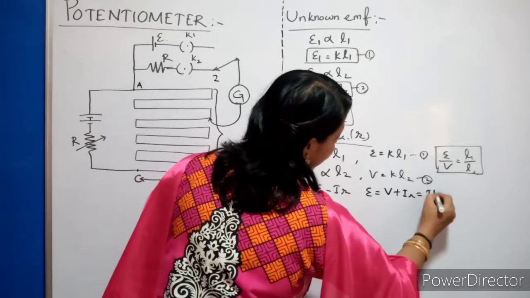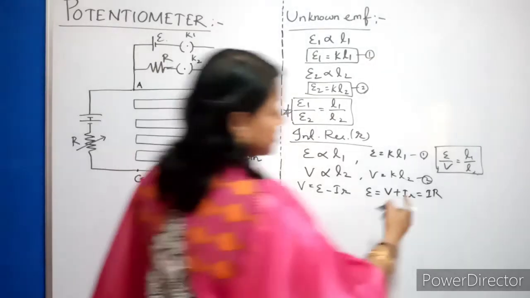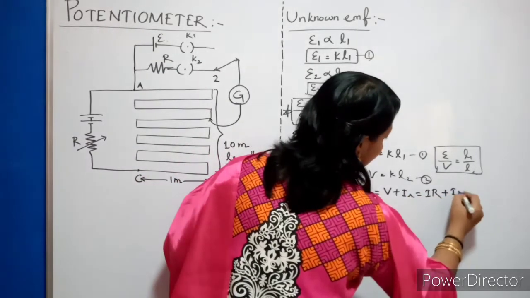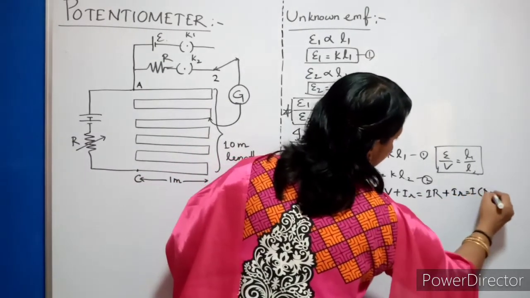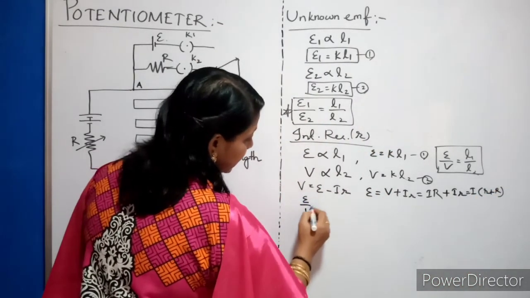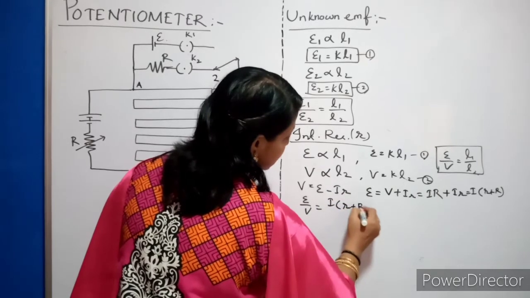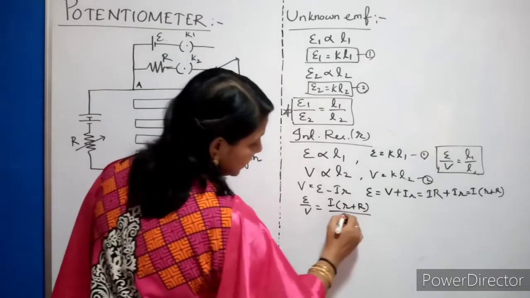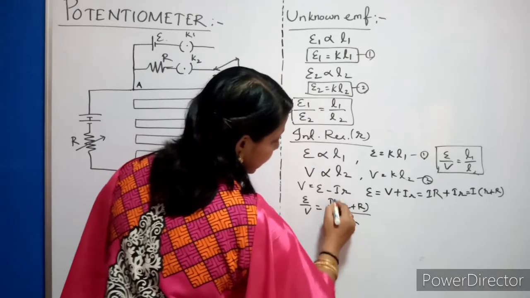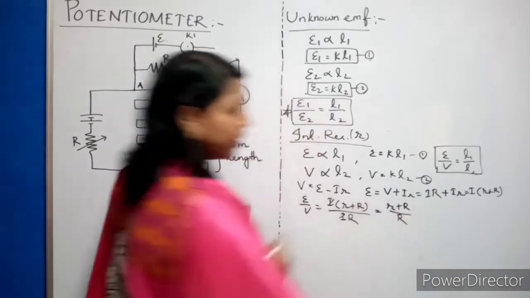V equal to IR, the drop across the external resistance. So E equals IR plus Ir. Take I common, what you will get? R plus r. So now can I write E by V equal to, what is E we got? I whole into R plus r, divided by V, which is simply IR. So I gets cancelled. What you will get? R plus r by R.